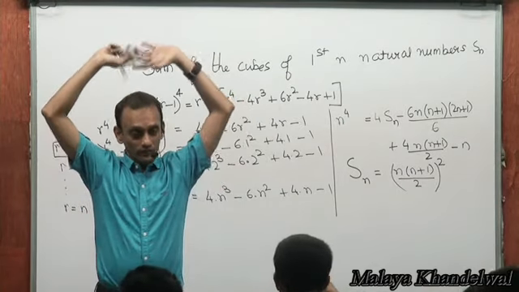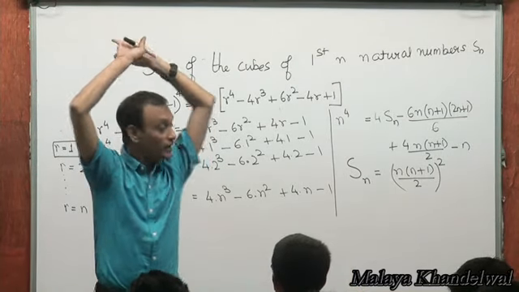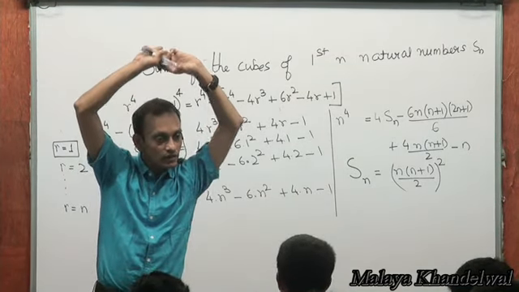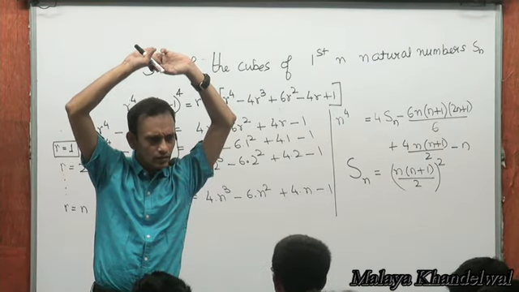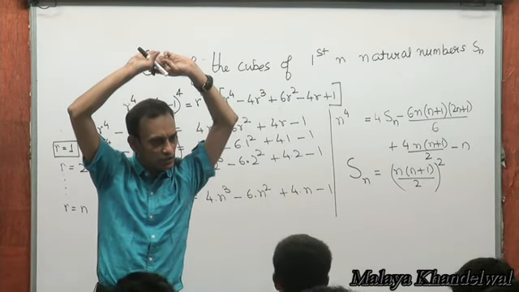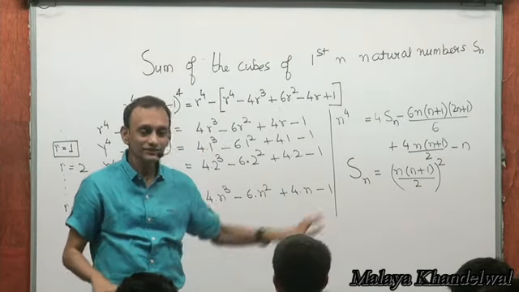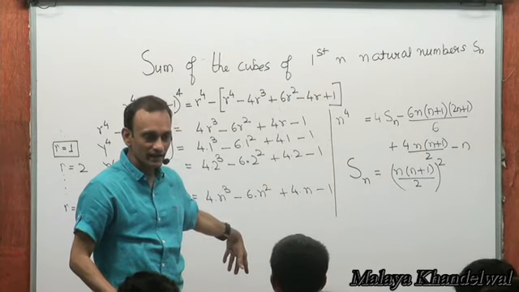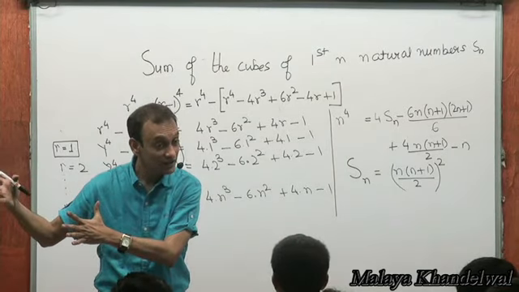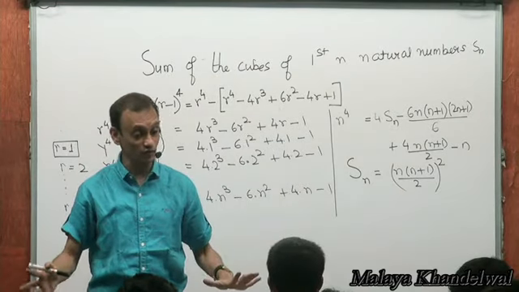What about the sum of natural numbers to the power k, that means 1 to power k plus 2 to power k plus 3 to power k plus n to power k? There is no result for that. You have to binomially expand that and you will not get it in a condensed form. Trust me.